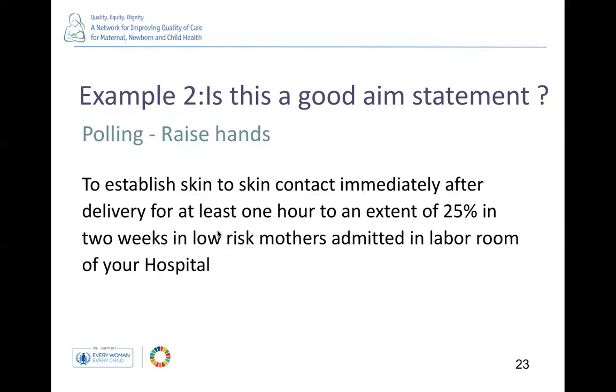So we have 21 people raising their hands. So almost half of people.